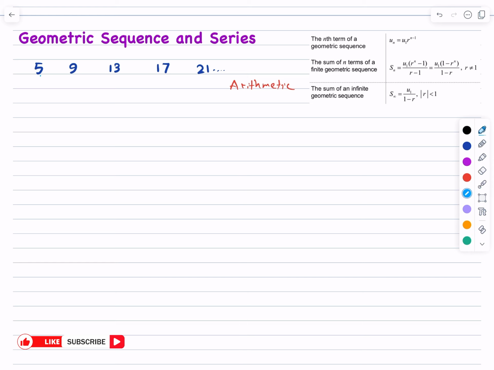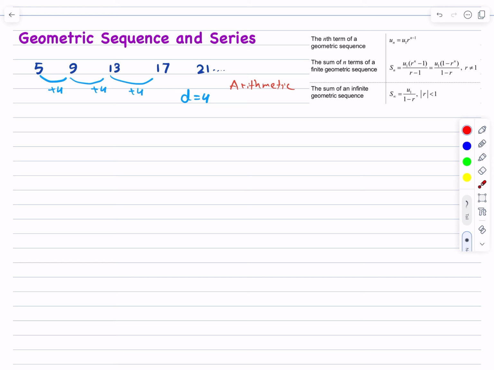So 5 plus 4 would be 9, and 9 plus 4 would be 13, 13 plus 4 would be 17, and so on. So this is an arithmetic sequence, and this 4 is called the common difference D. So arithmetic sequences increase or decrease by the same number. So we add or subtract a certain number, which is the common difference.